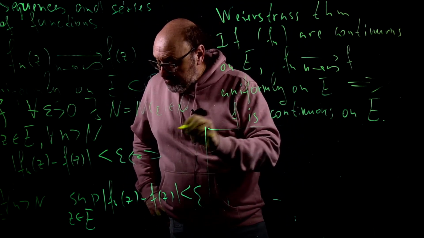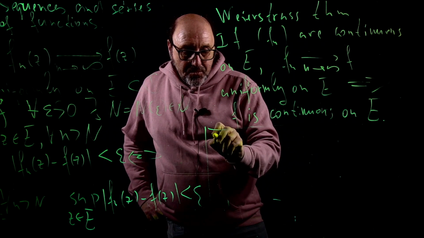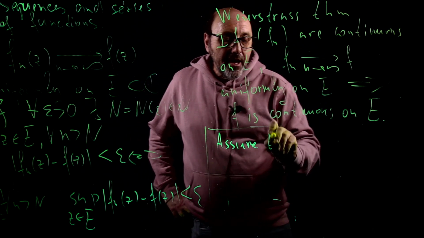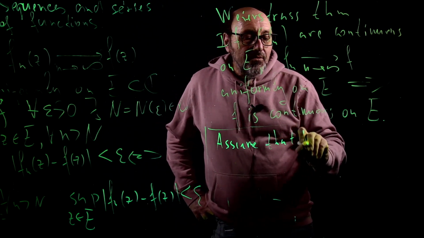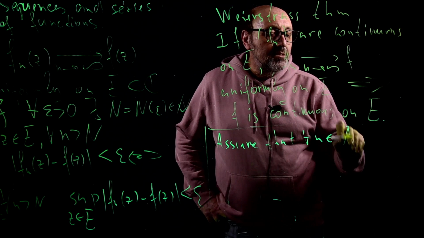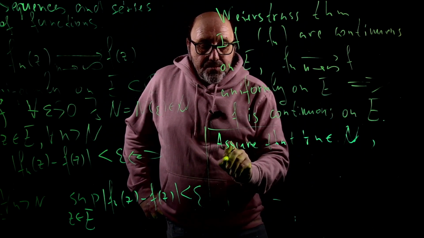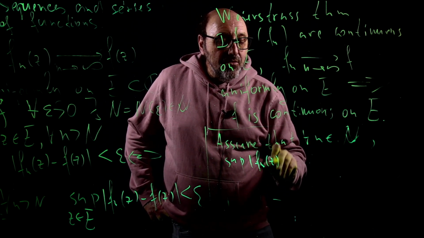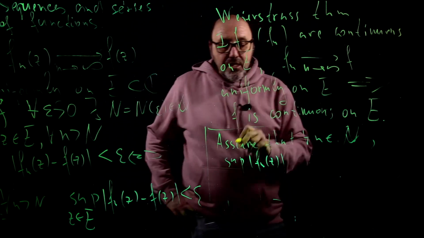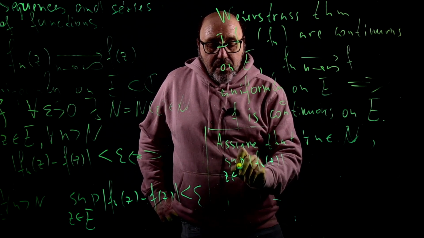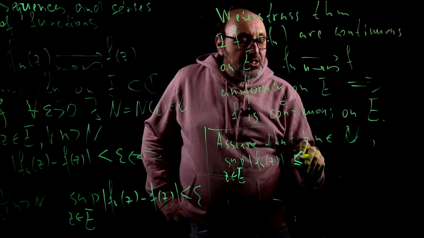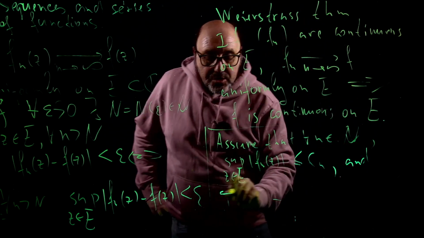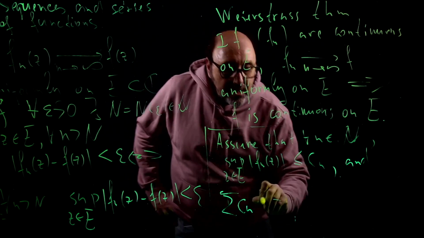So assume that for every n, the supremum of the modulus of f_n of z over E is smaller or equal than C_n, and the series C_n converges.